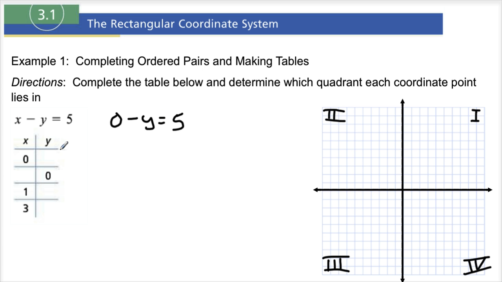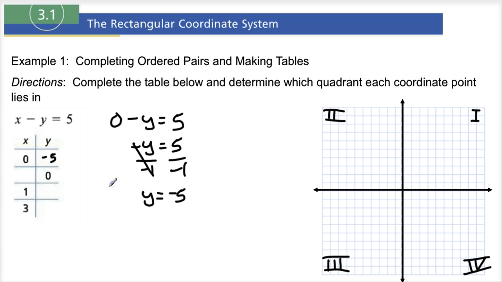You see what I did there? I just replaced x with 0. Now this is just 0 minus y, which is just -y equals 5. So if you divide both sides by -1, you can get rid of that negative sign, y equals -5.